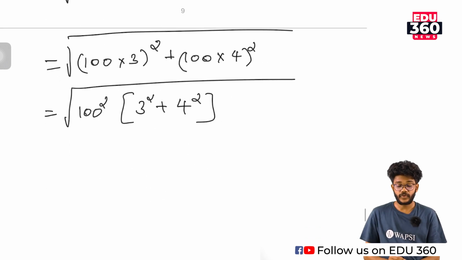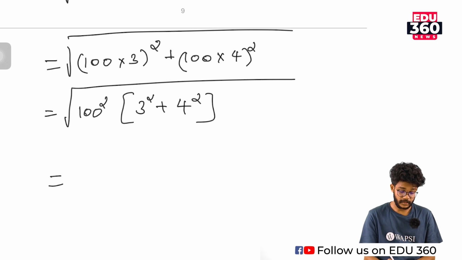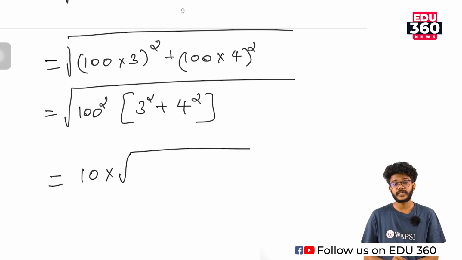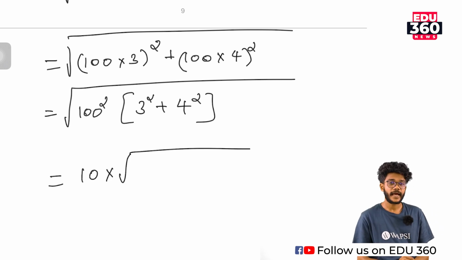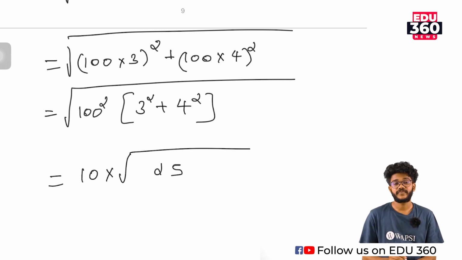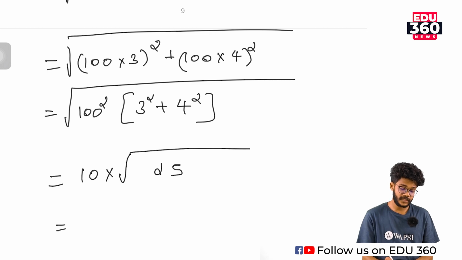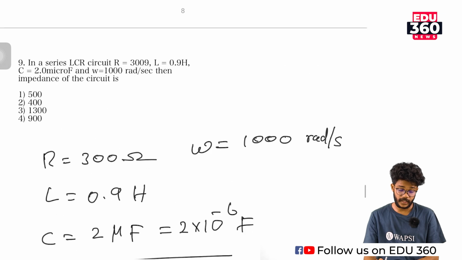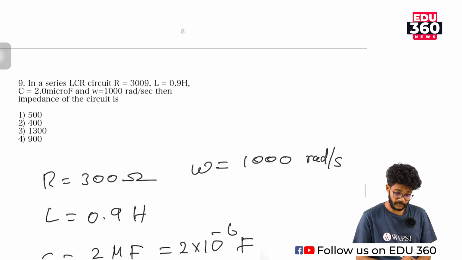The root of 100 square is 10. 10 into root of 3 square is 9, 4 square is 16, 9 plus 16 is 25, root of 25 is 5, so 5 into 10 is 50. So the effective impedance in this circuit is 50.